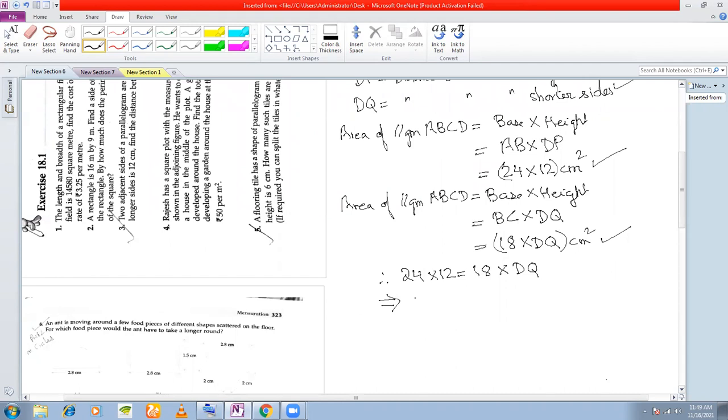If you divide both sides by 18, you'll get 24 into 12 divided by 18. Now cancel with 6, and then cancel with 4 here. You get this as 16 centimeters. And that is the required distance between the shorter sides.